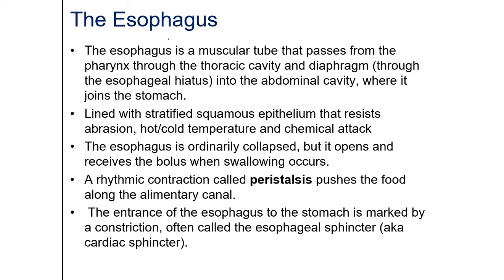The food that we eat is sometimes abrasive, hot or cold, and there are various chemicals in it, acidic stuff, spicy stuff, and we want to protect the esophageal lining from these various extremes, and so the esophagus is lined with stratified squamous epithelium.